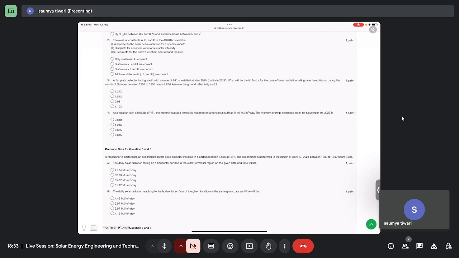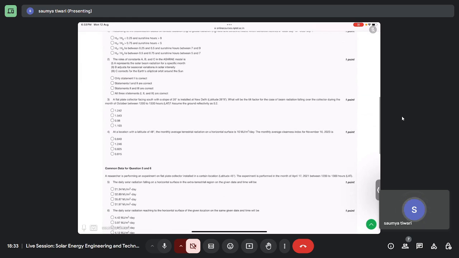This is at a location with latitude of 48 degree. The monthly average terrestrial radiation on horizontal surface is given. The monthly average clearness index.